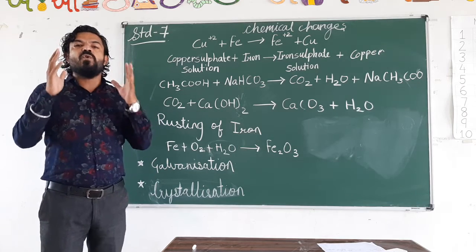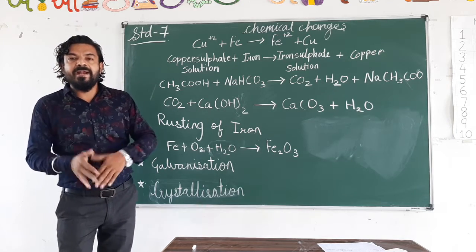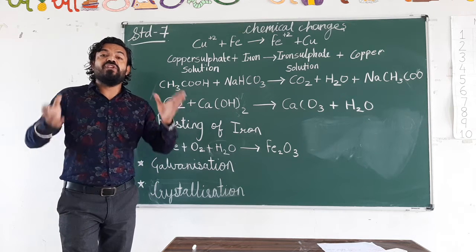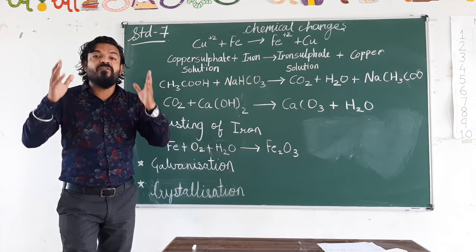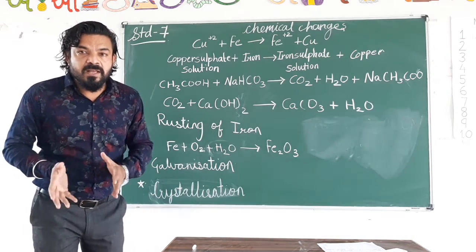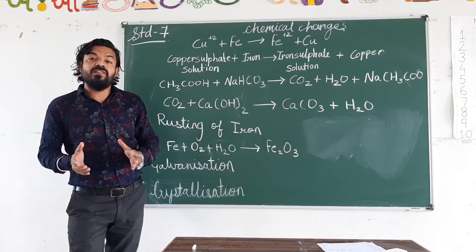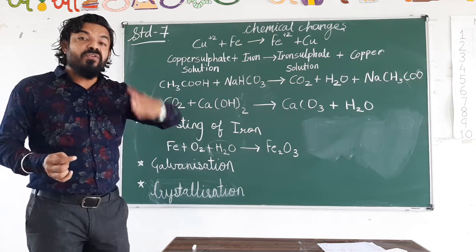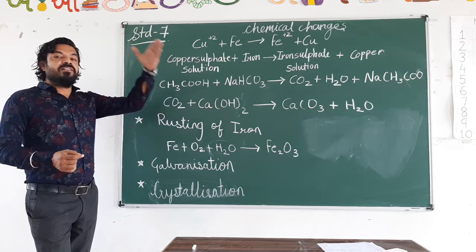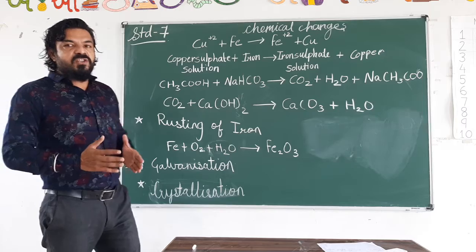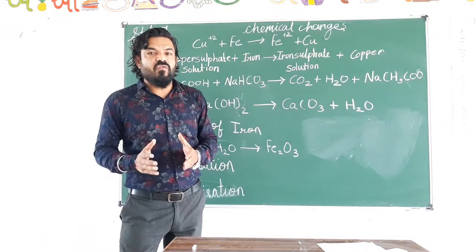Galvanization means the coating of iron with a material like zinc oxide or nickel, or any substance which prevents the rusting of iron. That is called galvanization. So this galvanization always prevents the rusting of iron.